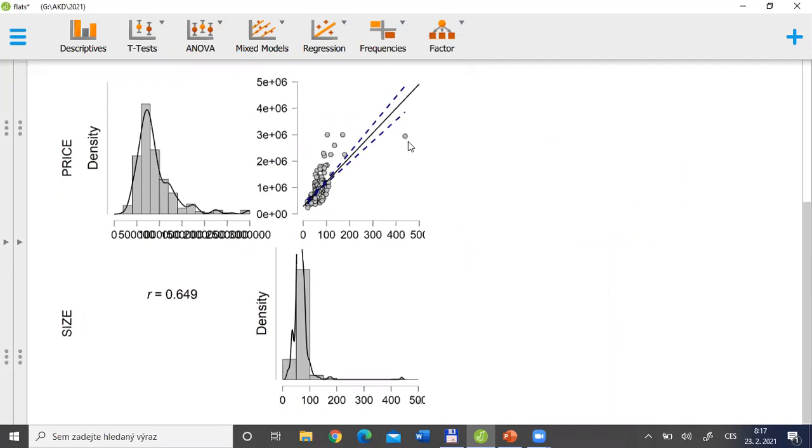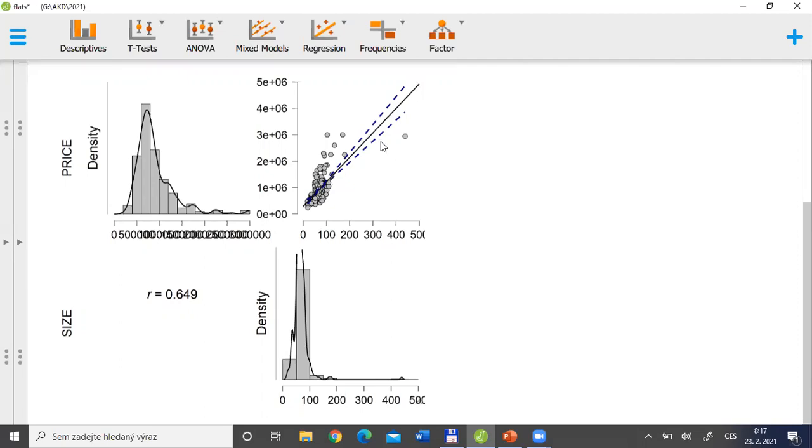And you can see that this big flat may be quite extraordinary. It shifted this line, which we will call in a few minutes the regression line, as it is influencing quite a lot the shape of this regression line.